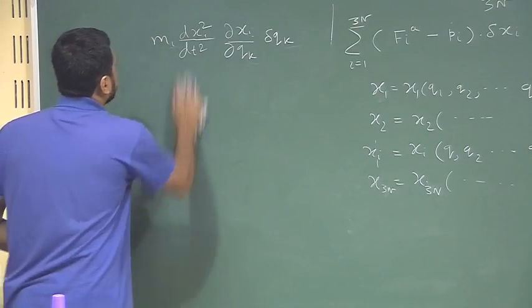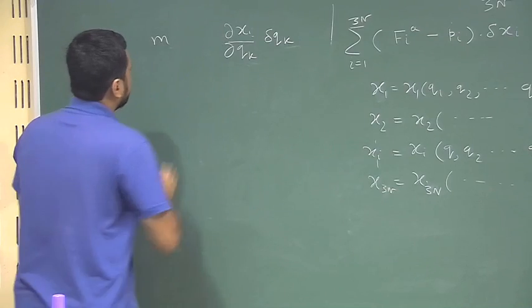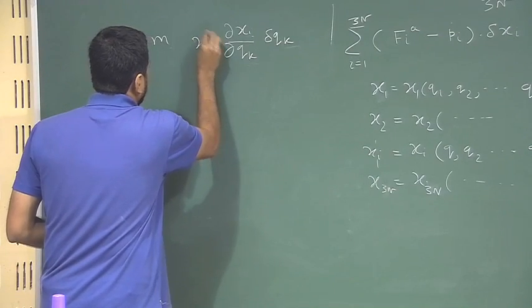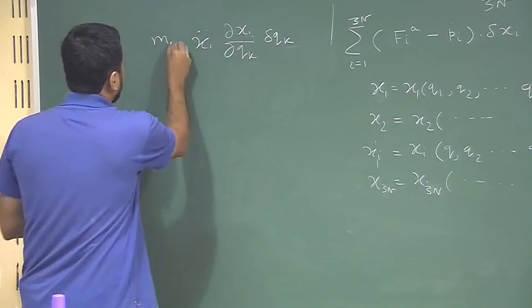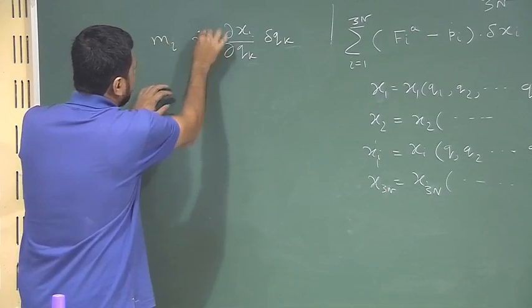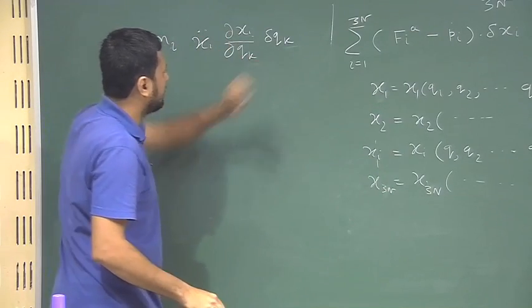I will simplify it even more. I will just put a double dot here. So it is mi xi double dot del xi del qk delta qk.